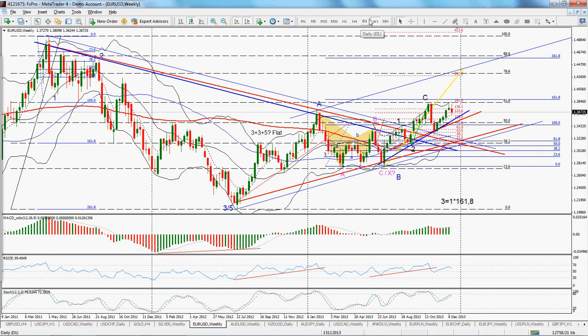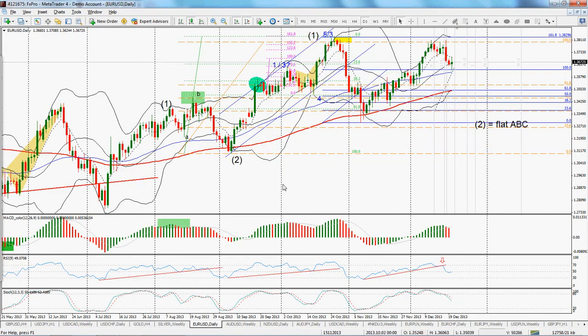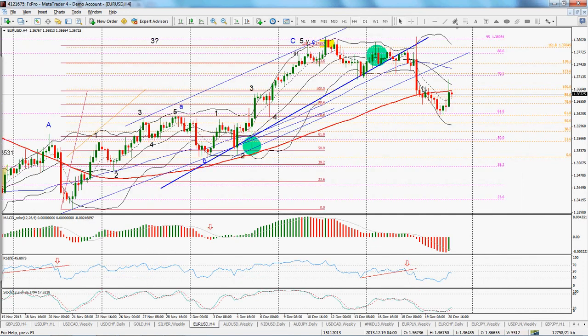Good. This is red. What we have on the daily chart, I have already said a little bit about it. This is a bigger A, a bigger B, and we have started a bigger C as a correction, and most probably this is a fourth wave correction. I will show it on a different chart in a few minutes once again. This is the upward move.